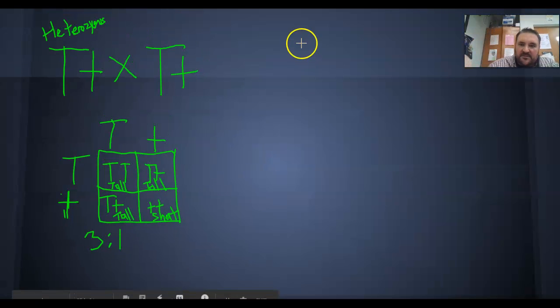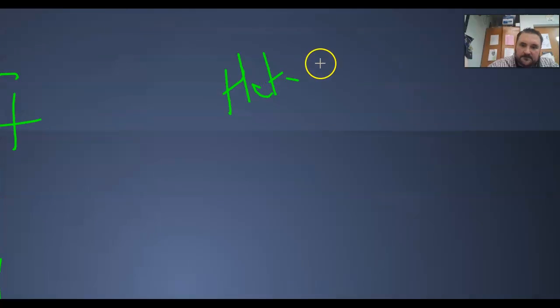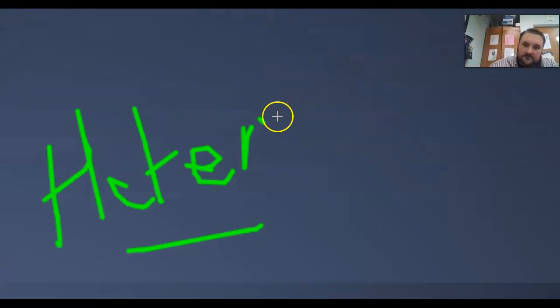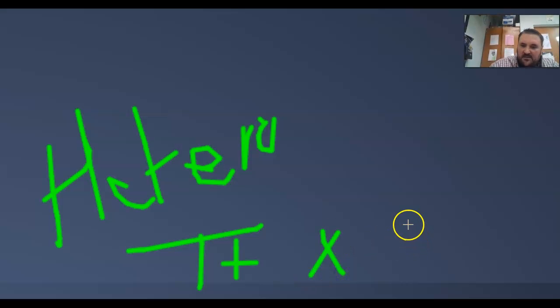What happens if I take a heterozygous tall and I cross that with homozygous short?